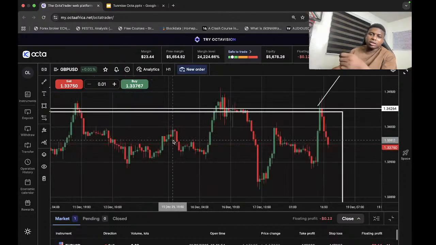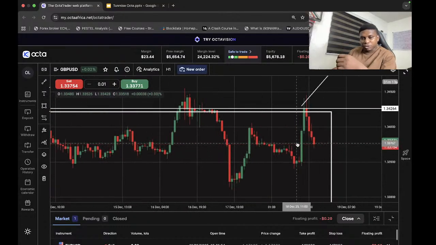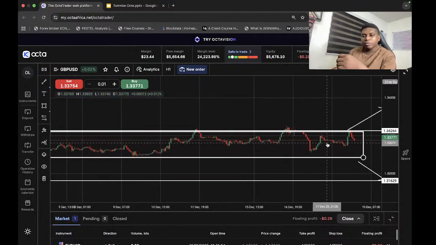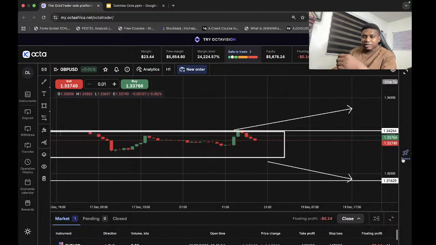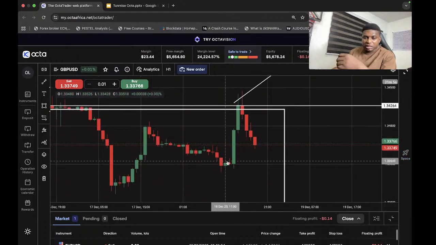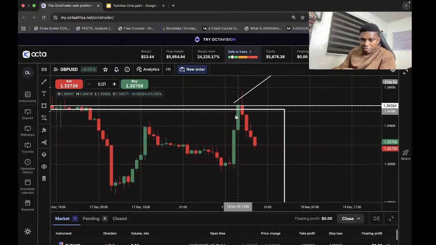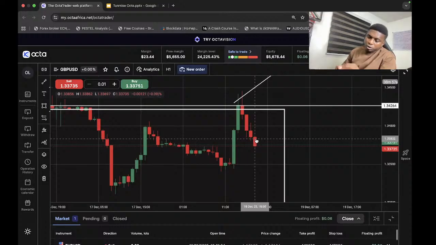Let's just look at the 1 hour time frame. The 1 hour time frame is showing bearish momentum still active. But shortly after, we see a bullish momentum come up, and then we now see a bearish momentum coming in.